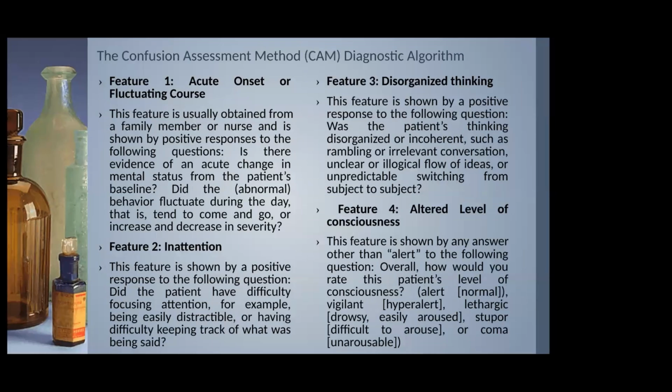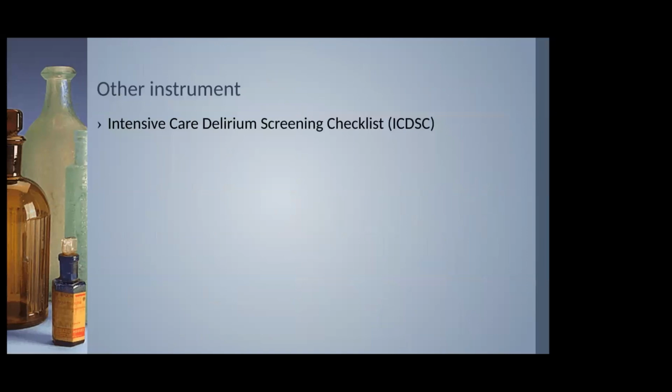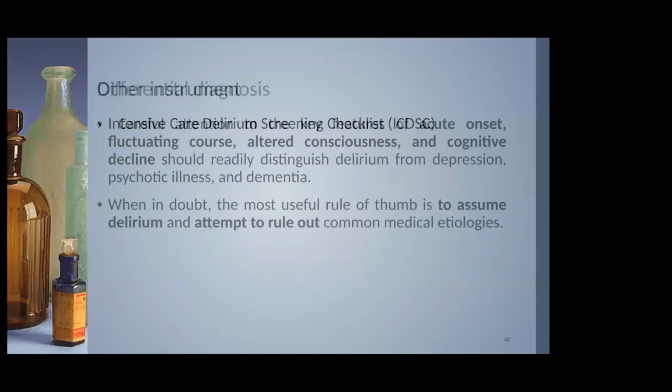But having feature 1 and feature 2 is a must to diagnose delirium by this tool. There are also other instruments like the Intensive Care Delirium Screening Checklist. You can read that.